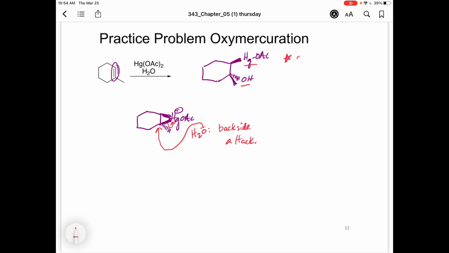So these are opposite or anti, however you like to remember that. The mercury and the OH group are opposite across that alkene. Another point to remember is that the mercury is on the least substituted side.